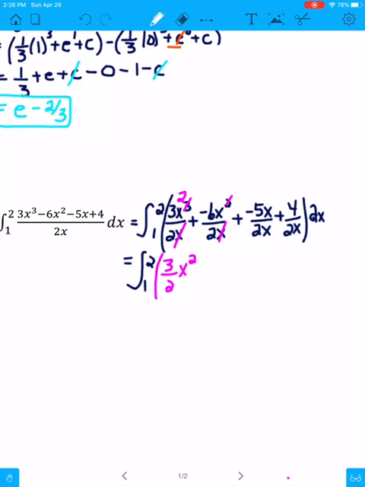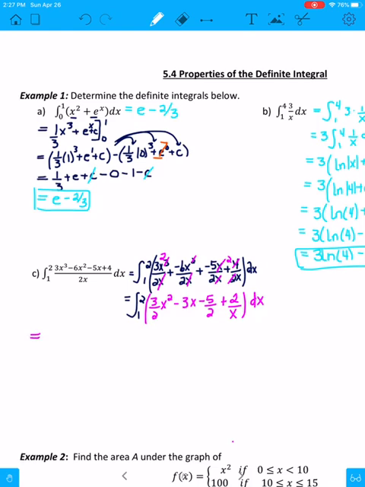And then negative 6 divided by 2 is negative 3x. The x's completely cancel. Negative 5 over 2. Then take a 2 out. And I'm left with plus 2 over x dx. Now I can do the antiderivative of that.